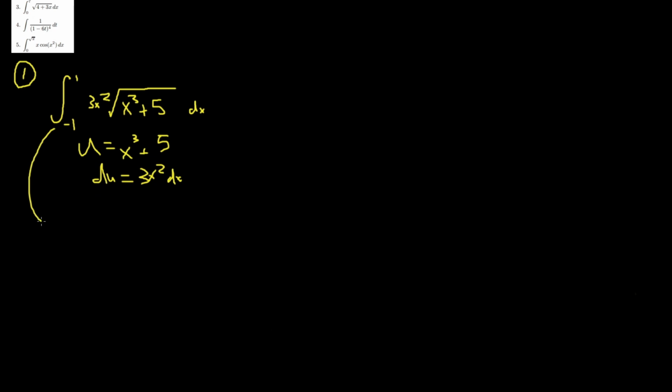And then we just make the substitution. So then we have u to the 1/2 du. And this should be simple enough. So we just take the antiderivative and we get 2/3 u to the 3/2 evaluated from -1 to 1.